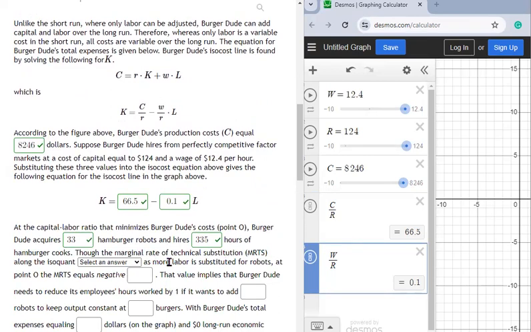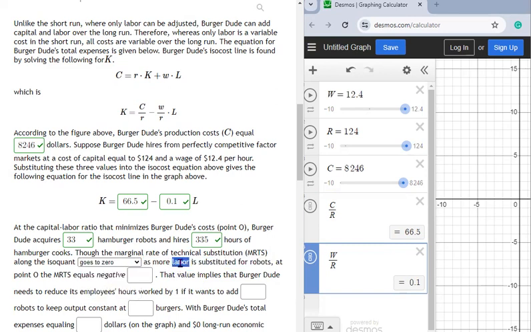Now the marginal rate of technical substitution along the isoquant, as more labor is substituted for robots, does what? It goes to zero.